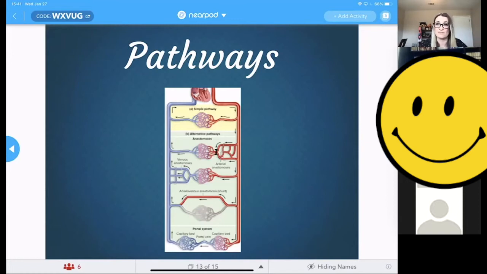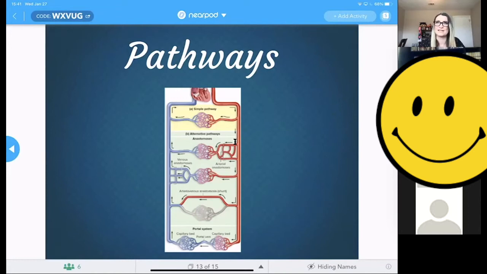If you have looked at the vessels already, this might be familiar. But the circle of Willis, when you see it, that's definitely an arterial anastomosis. There are anastomoses between coronary arteries also, but these are so small, they are not really functional. And for that reason, the coronary arteries are considered functional end arteries.